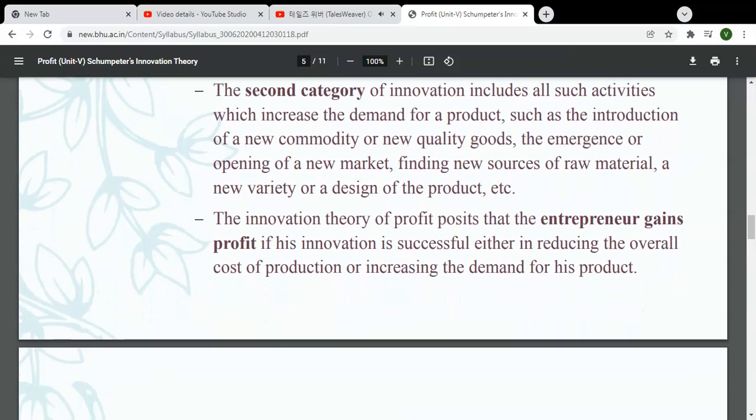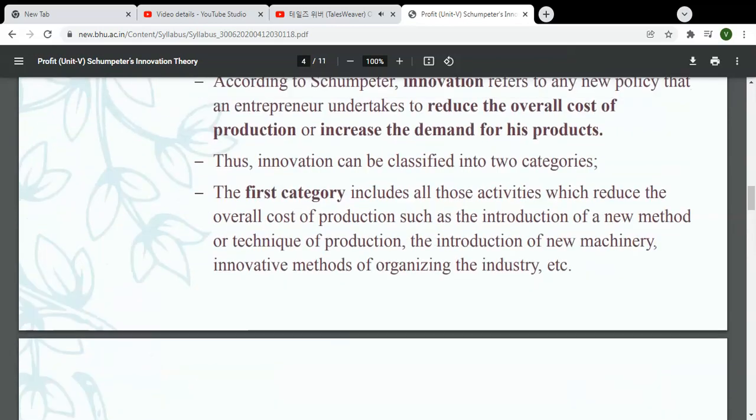In the first category of innovation, the overall cost of production is decreased. How it happens is that suddenly there is a new technique of production which reduces the cost of production. Maybe you have heard that in some semiconductor industries, there is the question of how chips are fabricated.